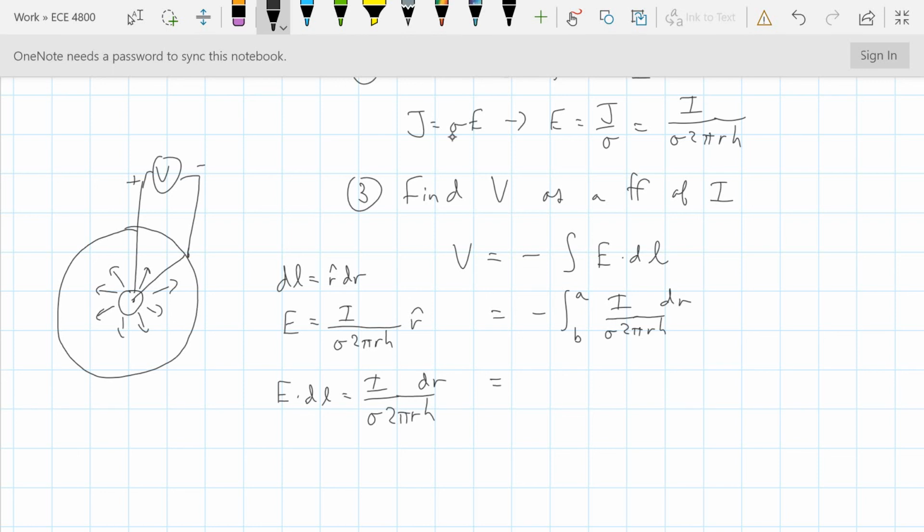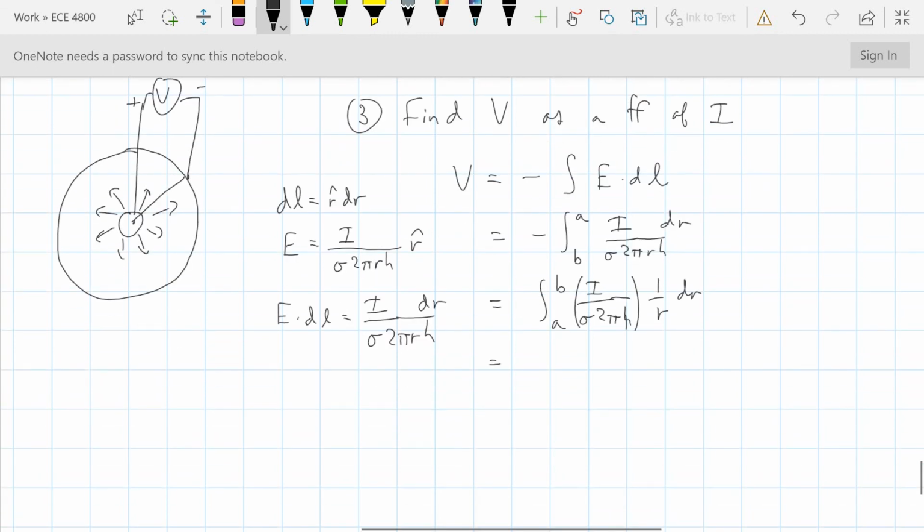If we switch the limits of integration, we can get rid of this negative sign. So R goes from A to B of I over sigma 2 pi H times 1 over R dr. The reason I took this out is because these are all constants.